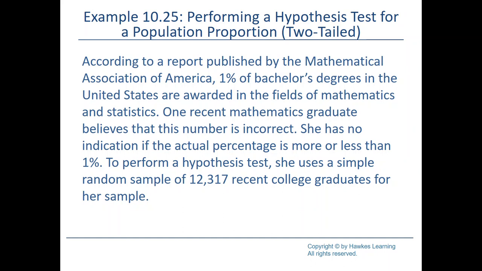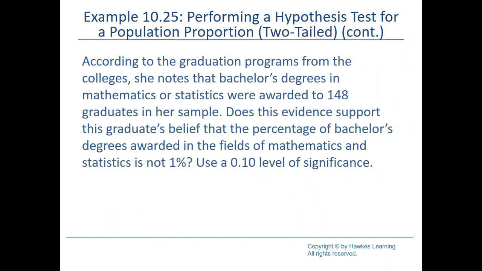Now, to perform a hypothesis test, she uses a simple sample of 12,317 recent college graduates for her sample. Now, according to her graduation program from the colleges, she notes that the bachelor's degrees in math and statistics was 148 in her sample.